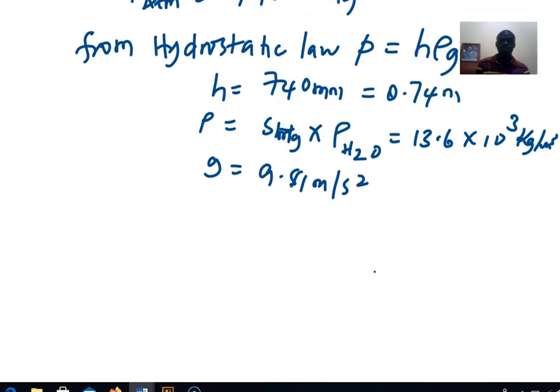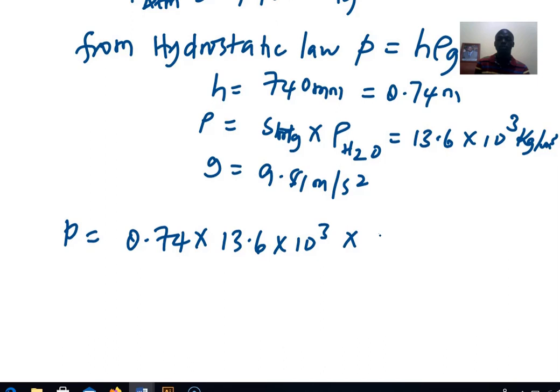So substituting those values in the hydrostatic law, P is equal to H, which is 0.74, times 13.6 times 10 power 3 times 9.81.